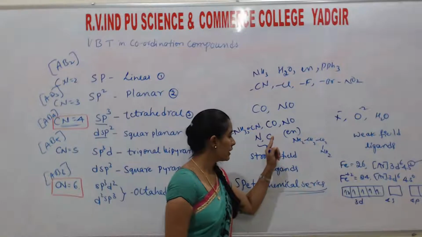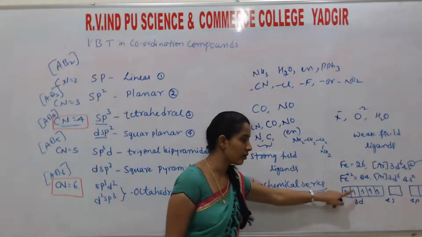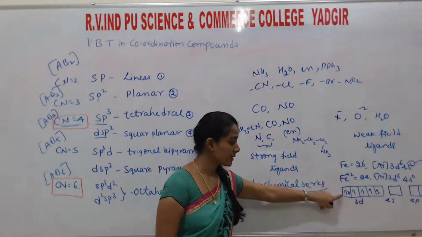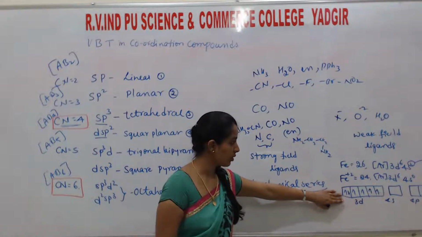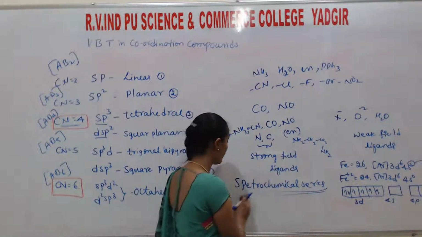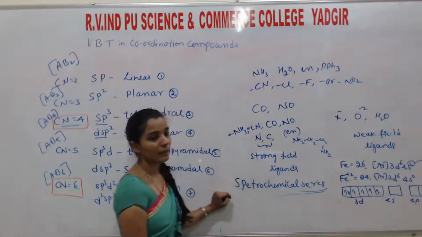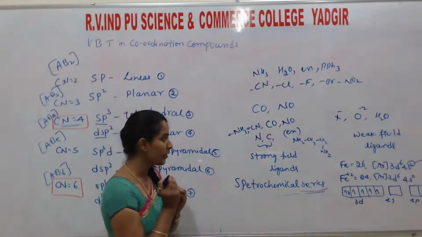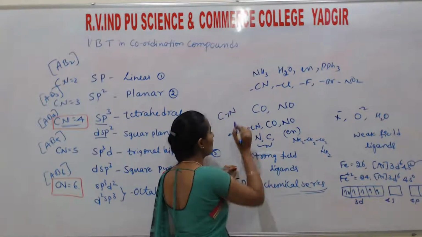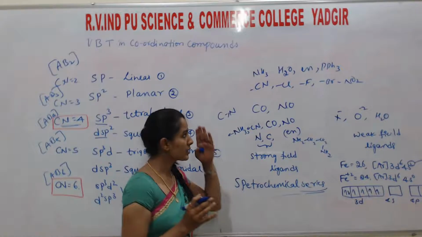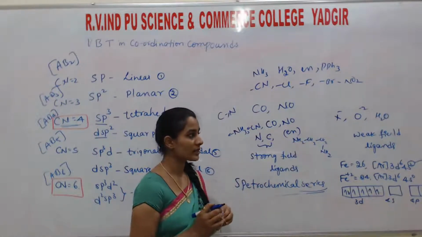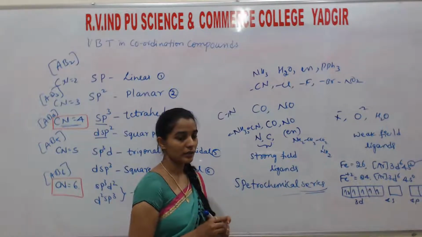If the ligands cause the pairing of electrons, then they are called strong field ligands. If the ligands don't cause the pairing of electrons, then they are called weak field ligands. That strong field and weak field is explained by this spectrochemical series. So the simple thing you have to remember is, if any ligand is bonded through carbon and nitrogen, they are very strong ligands. Except carbon and nitrogen, if any other atoms are bonded to the ligands, they act as weak field ligands. Understand?